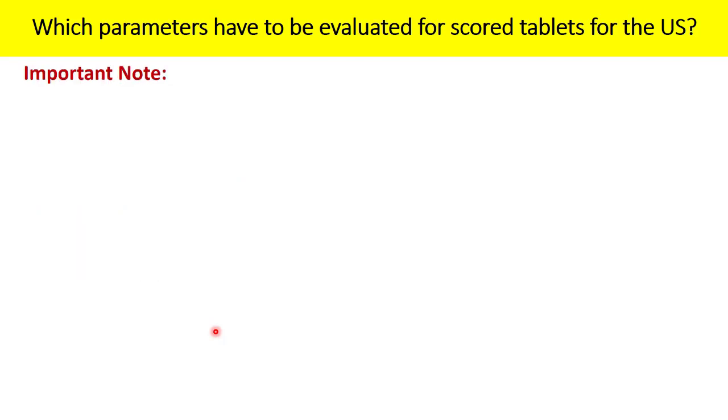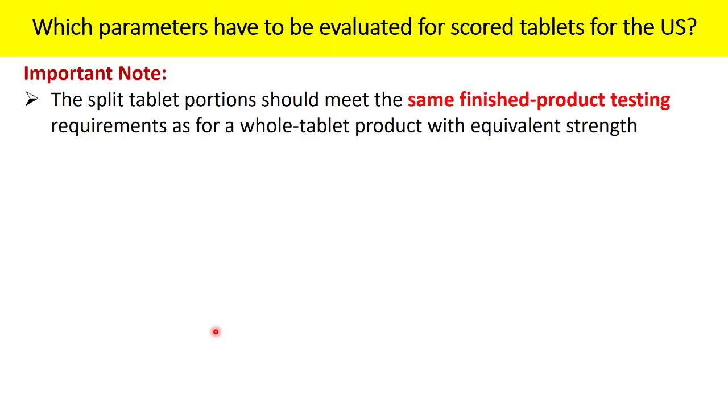Having understood these important issues associated with tablet splitting, let us now understand the guidance provided by the US FDA. If you split a tablet into two different portions, both of these portions should meet the same finished product testing requirements as a whole tablet product with equivalent strength.